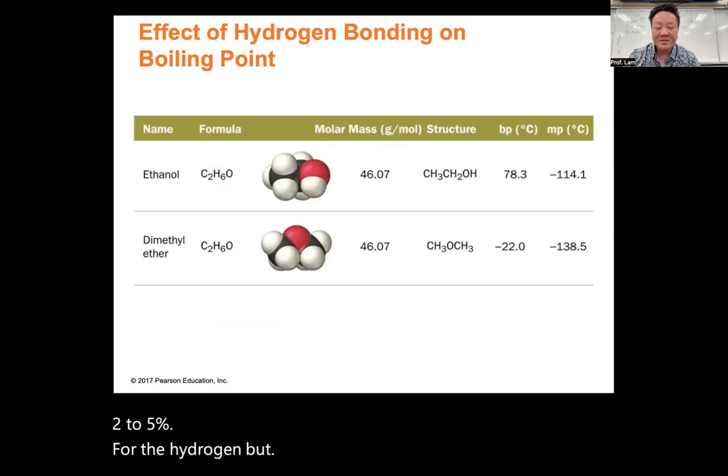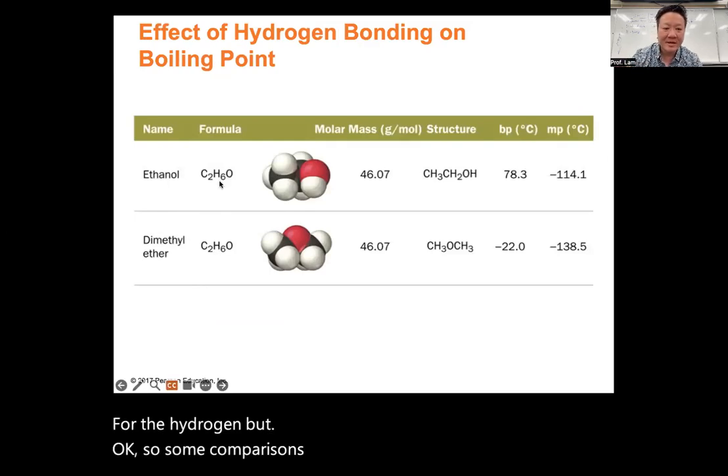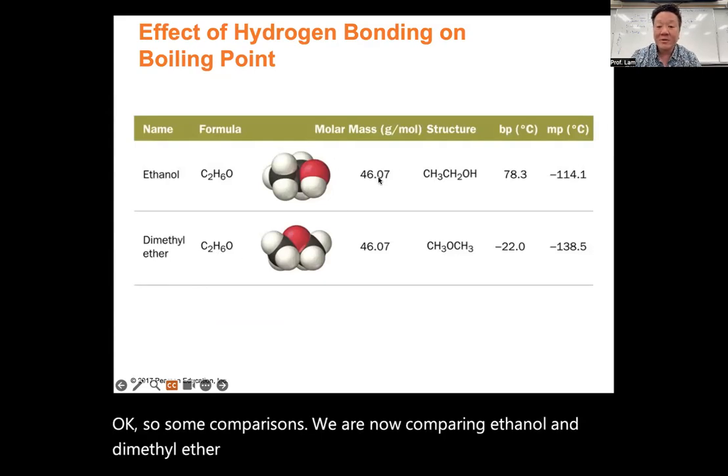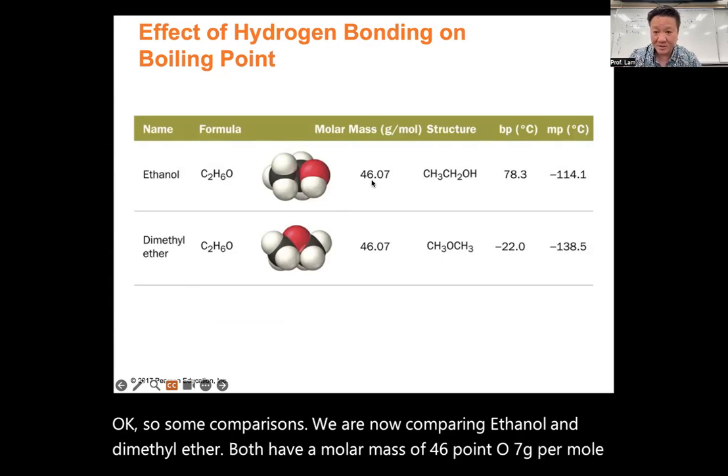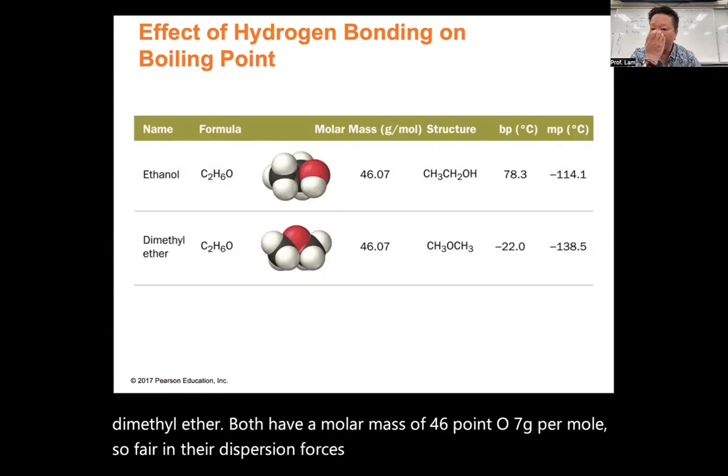Some comparisons. We are now comparing ethanol and dimethyl ether. Both have a molar mass of 46.07 grams per mole, so they're fair in their dispersion forces. Their dispersion forces are pretty much the same. Now, why do they have such a large difference in boiling point?